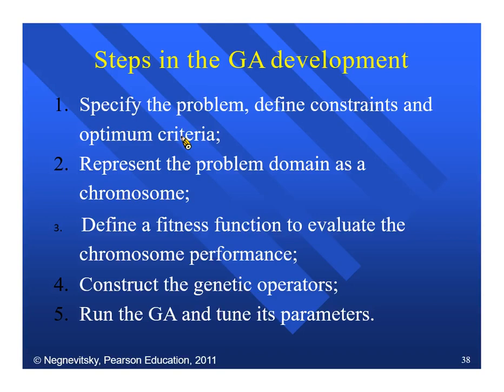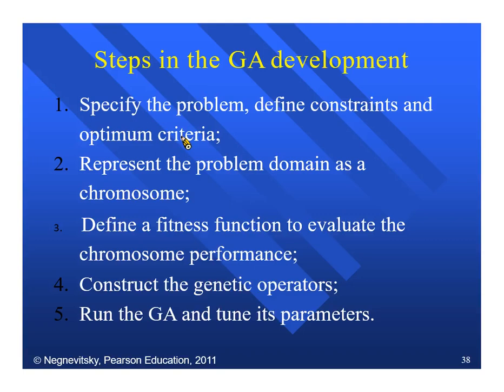So the steps in genetic algorithm development. The first step is to specify the problem, define the constraints and optimal criteria. The second is to represent the problem as a chromosome.